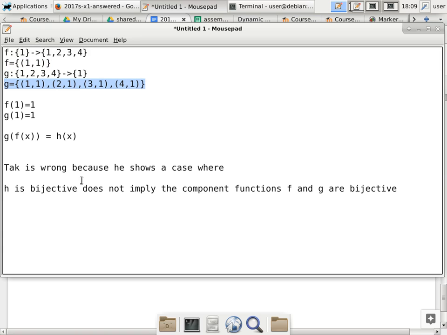Okay, so in this case, H itself is bijective, but the component functions F and G are not bijective. So we have a problem because this direction does not work. That means this part cannot be proven. I did not ask you to comment and say why you think this part cannot be proven. Give me a counterexample.